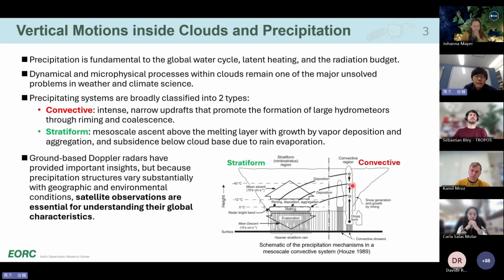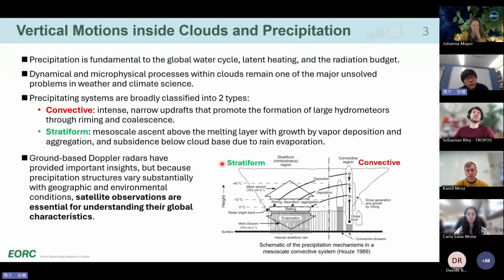Convective systems are associated with intense and narrow updrafts, which promote the formation of larger hydrometeors through riming and coalescence. On the other hand, stratiform precipitation has mesoscale ascent above the melting layer, and it accompanies downward motion below the melting layer because of evaporation.